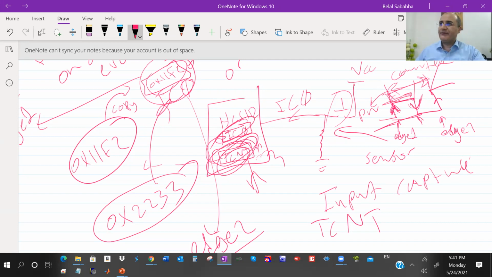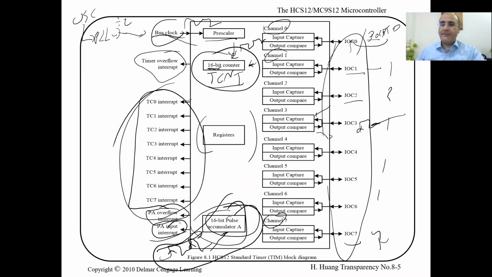So in input capture, something is going to happen on an external pin, and you will be notified what time this thing happened and what the value of the counter was.